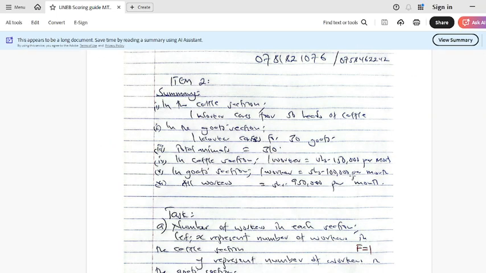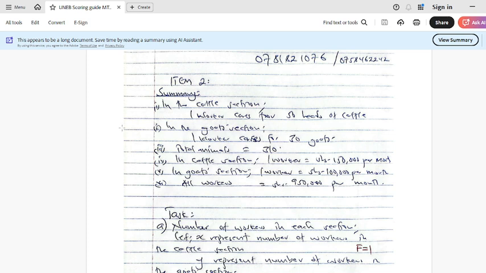So if you look at that, you can see again in my summary, in the cattle section, one worker takes that amount per month. Then in the goat section, one worker takes 100,000 shillings per month. Then all workers equals 950,000 shillings per month.